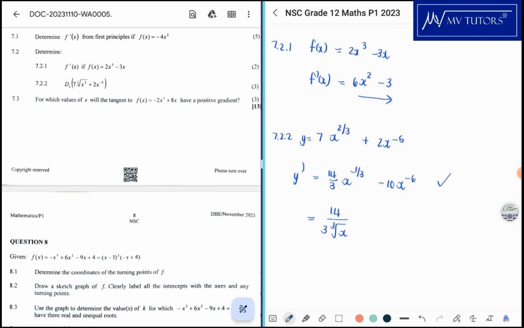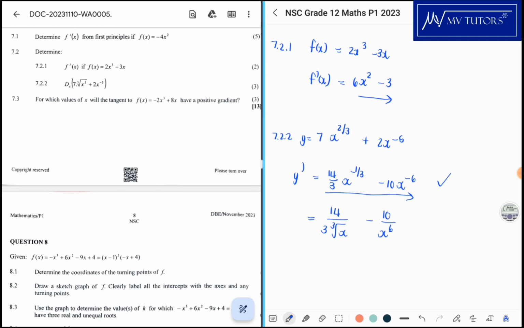I would leave it here, honestly, just so that I don't complicate my life. Okay, and then this side we would have negative 10 over x to the power 6. But like I said, this should be enough.